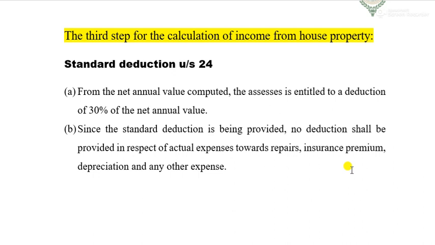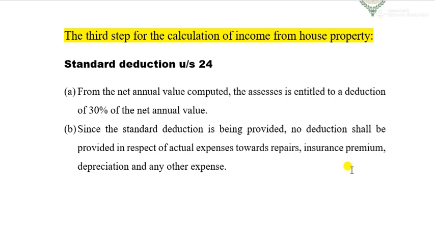Okay. And the income tax officer also says that since I'm providing you with the deduction of 30% every year, then you will not be allowed any of the expenses that you incur.